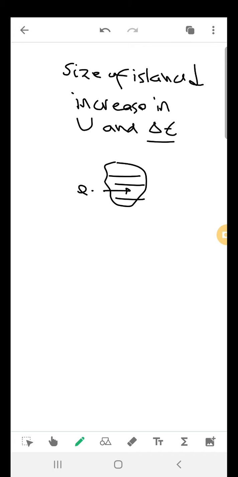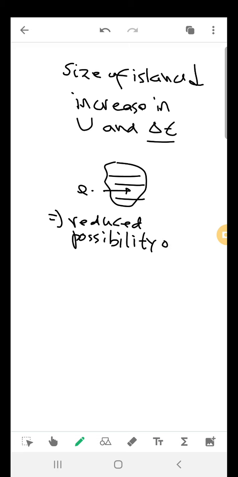So both of them will increase. If these increase, they will reduce the possibility of device switching.